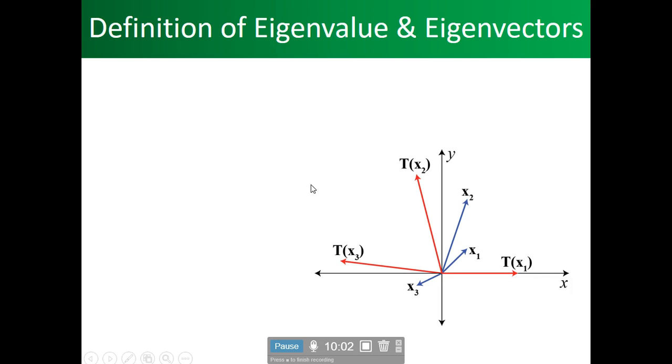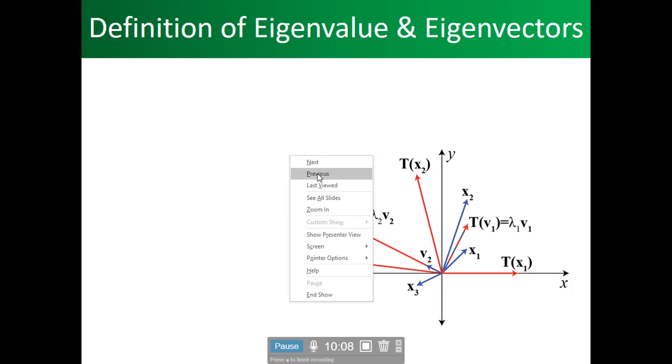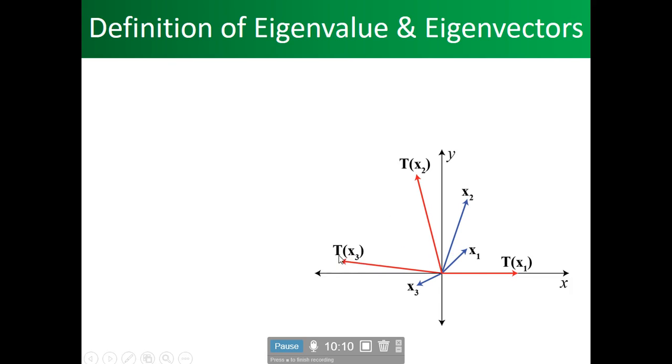Okay, definition of eigenvalues and vectors. As you can see here, we have x1, and then we have T at x1, a function that's using x1, this vector. This function is using this vector.